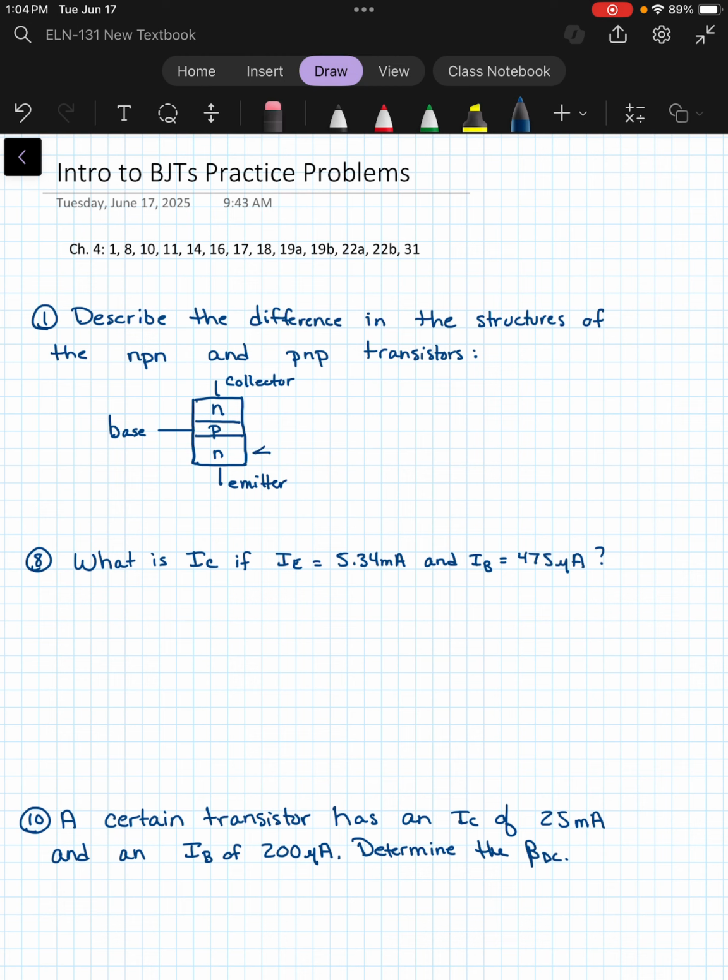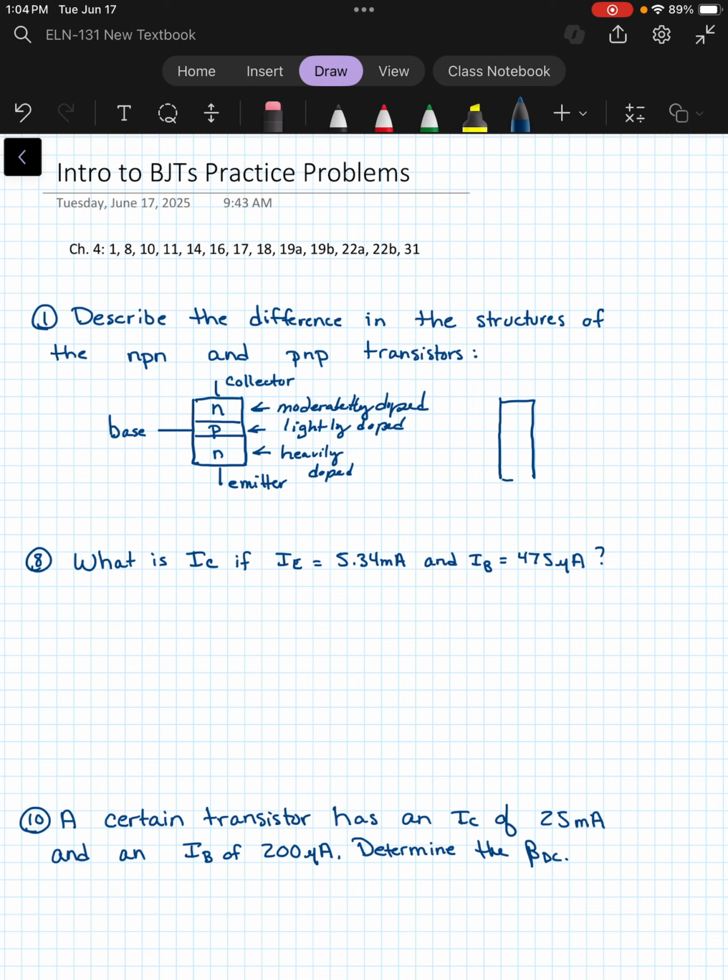The emitter is heavily doped, whereas the collector is more moderately doped. And the P-type material is very lightly doped. Okay, so for the PNP, it's exactly the opposite.